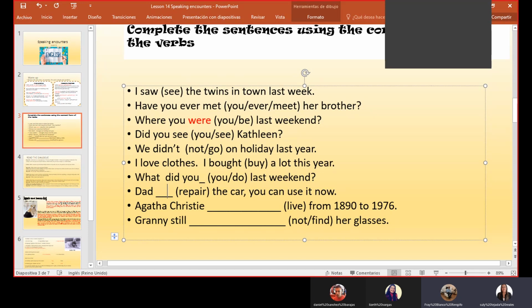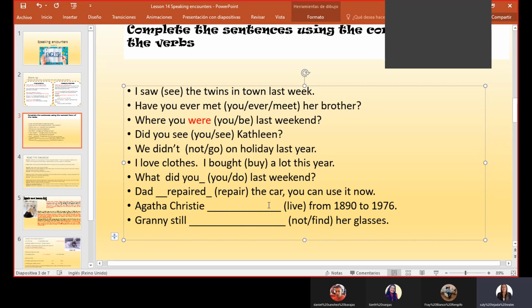R E P I R E D. That repaired the card. You can use it now. But here, remember the A. Excuse me. Yes, teacher. Okay, don't worry. Let's continue.